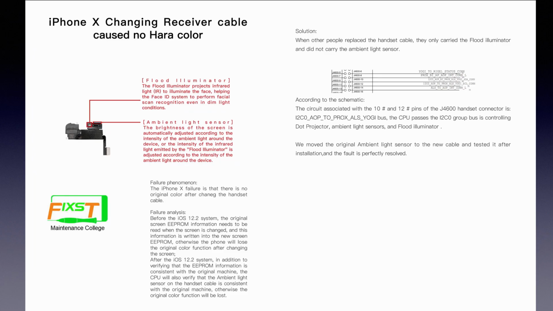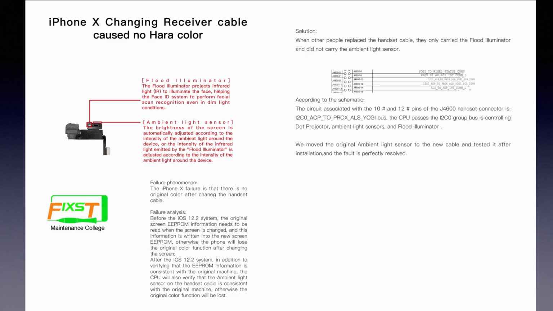This is iPhone X. After changing the receiver cable, the phone has no Original Color, no True Tone. Before the iOS 12.2 system, the original screen EEPROM information needed to be read when the screen was changed, and this information was written into the new screen EEPROM.